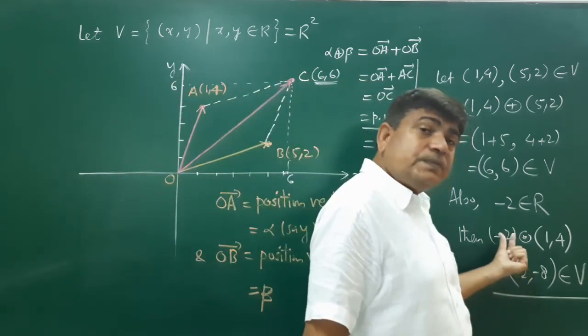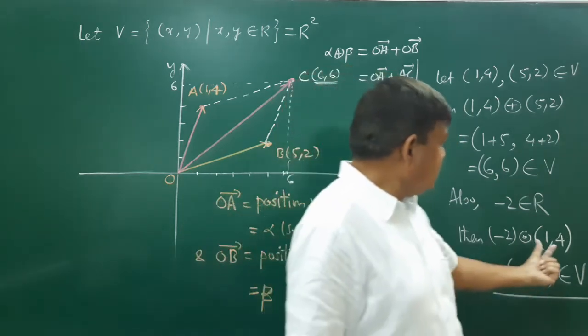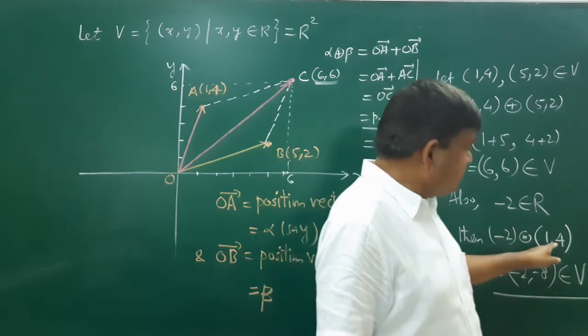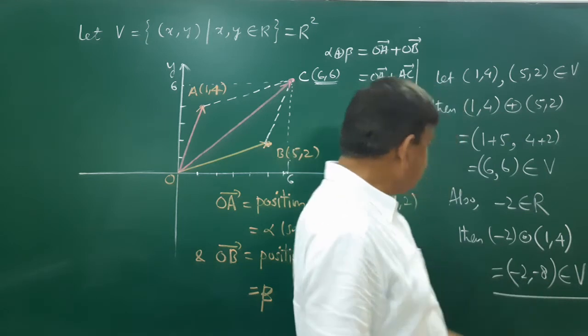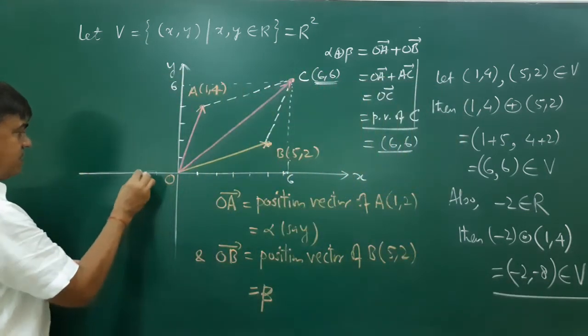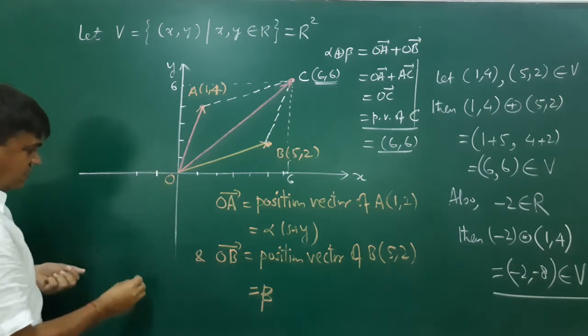Minus 2 is a number, that is a scalar. (1, 4) is a point. So if we multiply this one, then it is a scalar multiplication. Then it is (minus 2, minus 8). (Minus 2, minus 8) will be in the back, you can see. Down here.